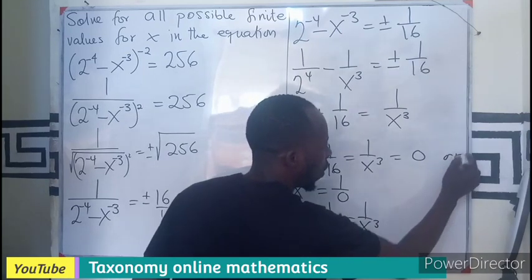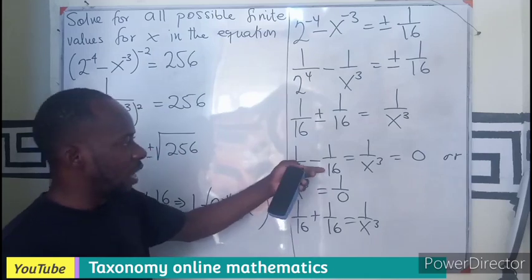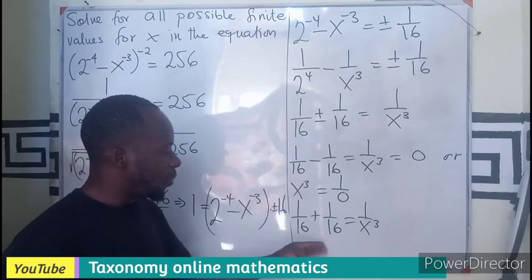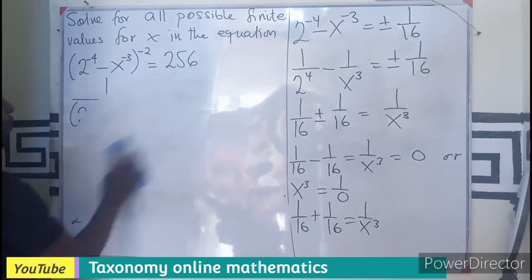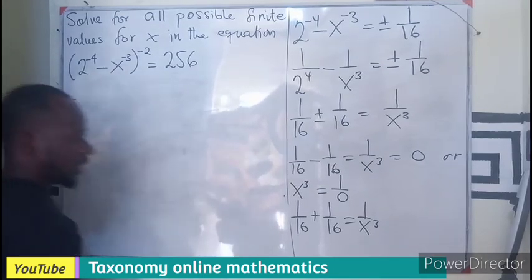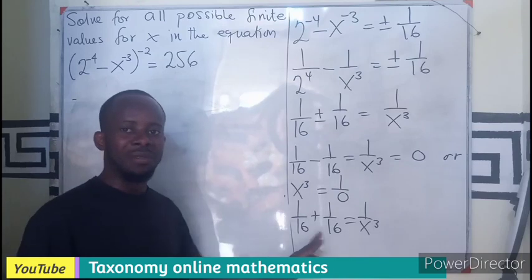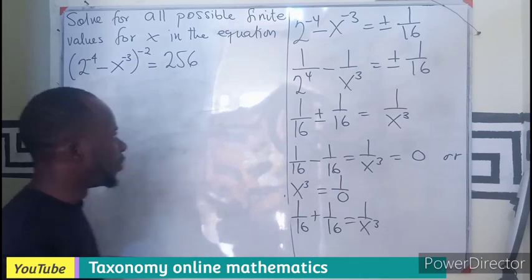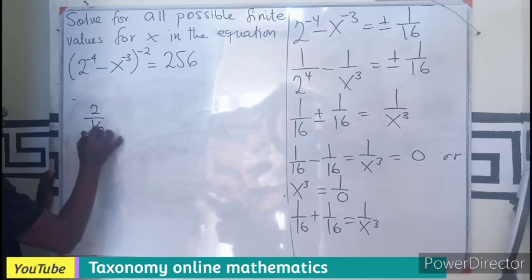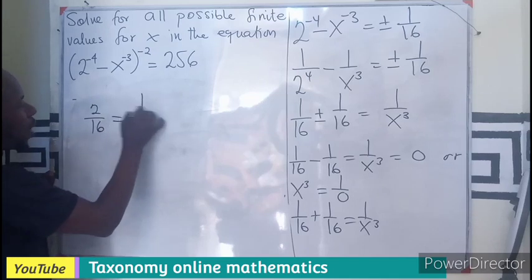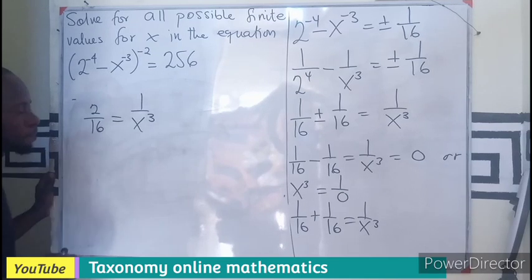I think I'm going to use this value. And I believe for our addition, if we add here, since we have the same denominator, it means we only add the numerators. 1 plus 1 is 2 over 16 equals to 1 over x to the power 3.